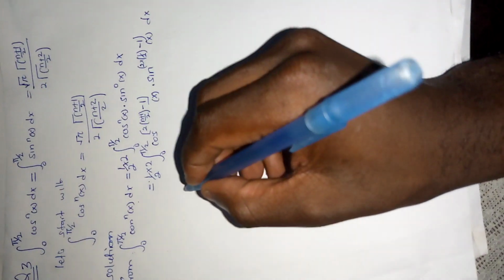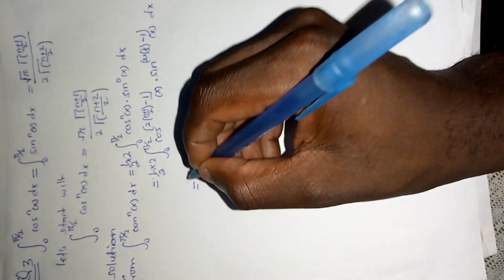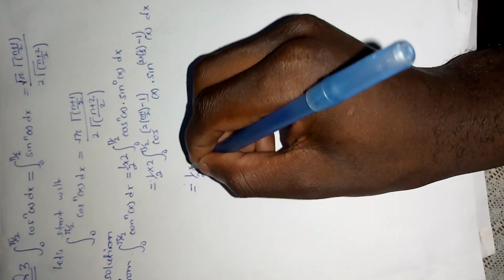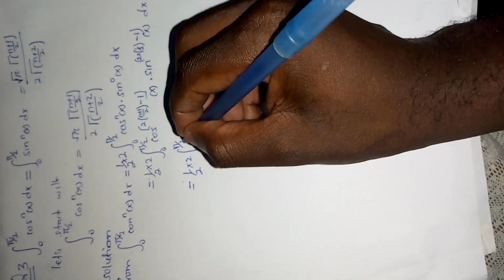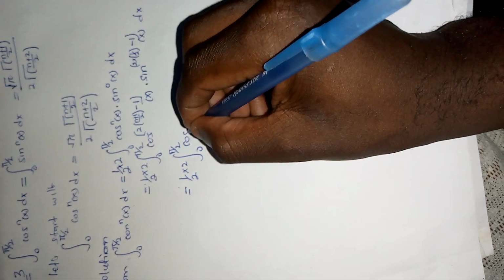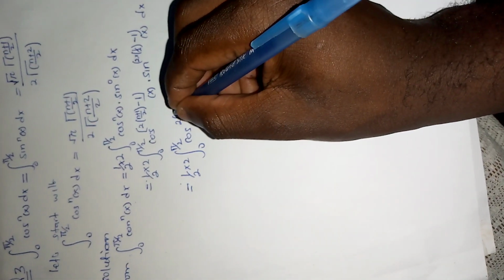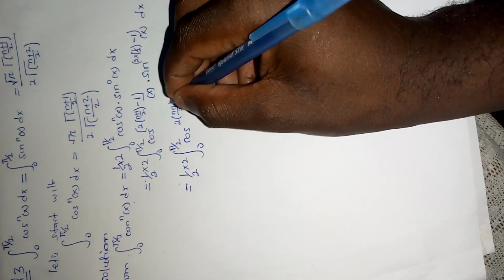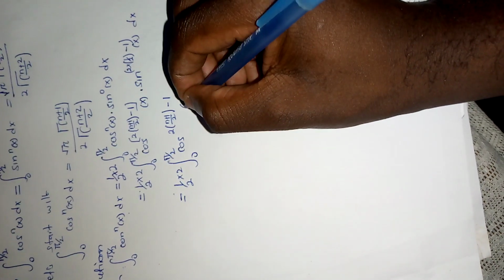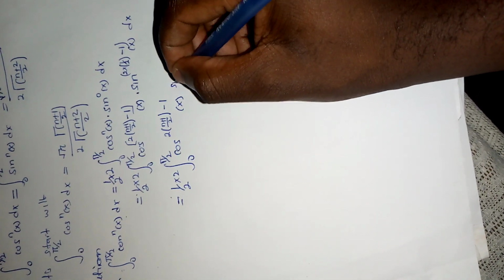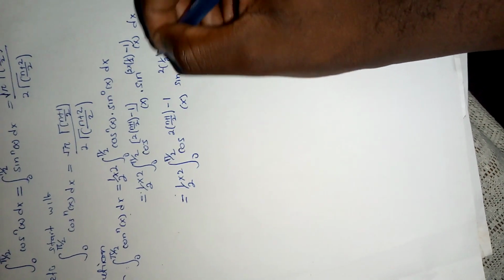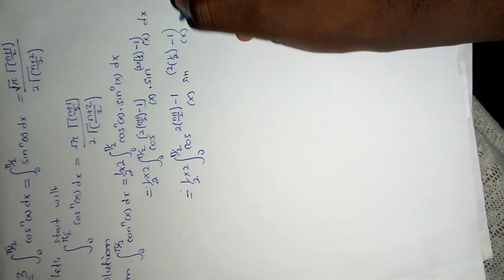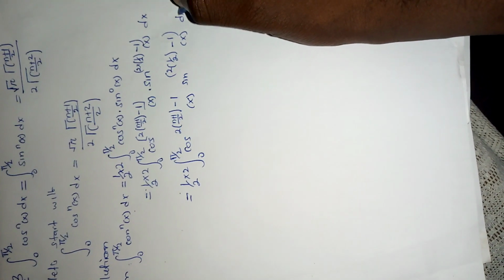Therefore we continue. This will be equal to half times 2 into, let's make it look good, cosine of 2 into (n plus 1) over 2 minus 1 of x, sine of 2 times a half minus 1 of x dx.